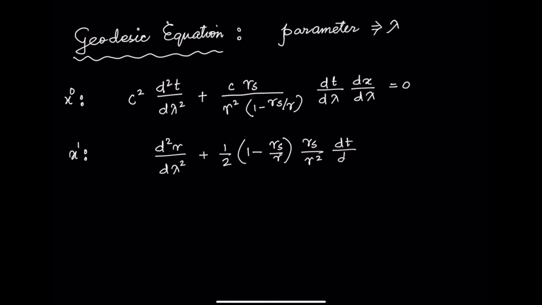This equation is rather a little big. Please do the calculation and find out the Christoffel symbols for this metric, the non-zero Christoffel symbols, and then re-evaluate this equation, the geodesic equations.